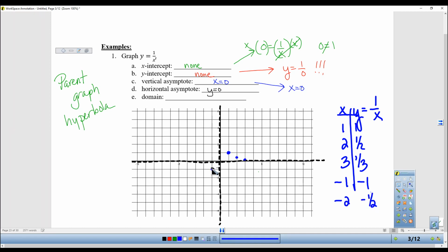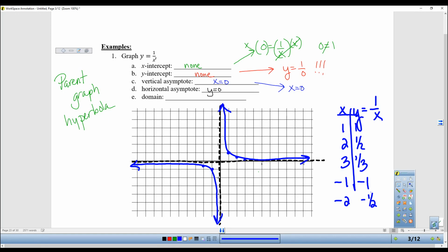So -1, -1, -2, -1/2. And this is where, if you understand what the shape is, you would never have had to plot this many points. You could just use the asymptotes as guides and just plot 1 point. This is what a hyperbola looks like.